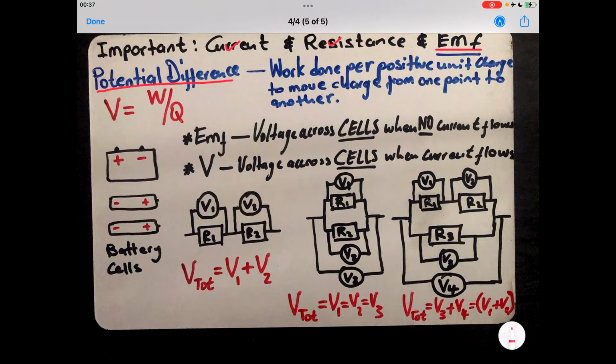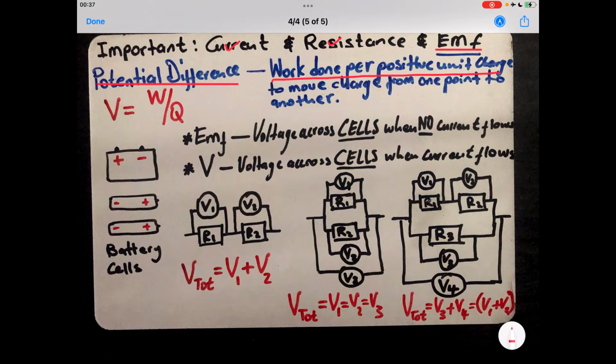Someone might be wondering, what exactly are we talking about when we talk about the potential difference? There, it's a definition. So let's see. Work done per positive unit charge to move charge from one point to another. It is as easy as that.